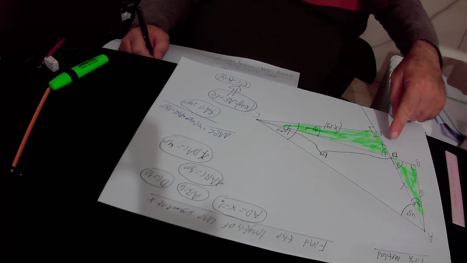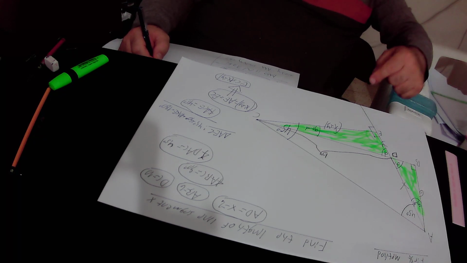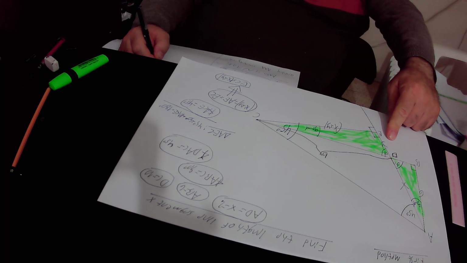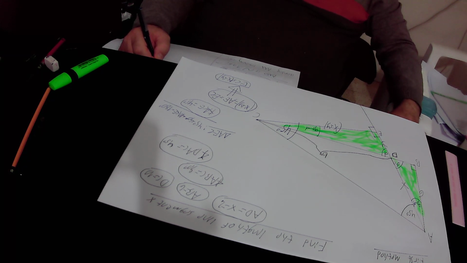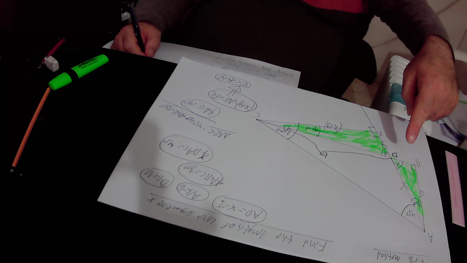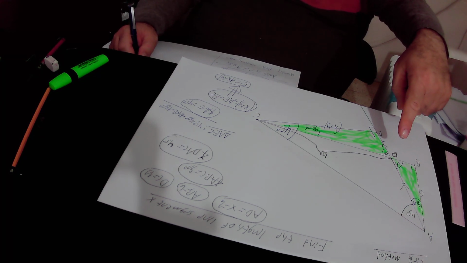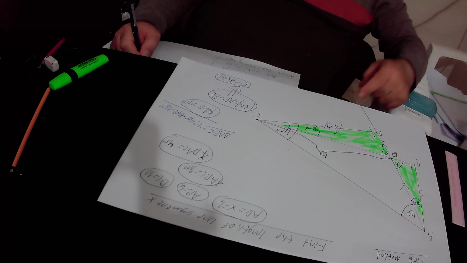DE equals y according to our definition here. And it is equal to AD, which is equal to x according to the question, over DC.